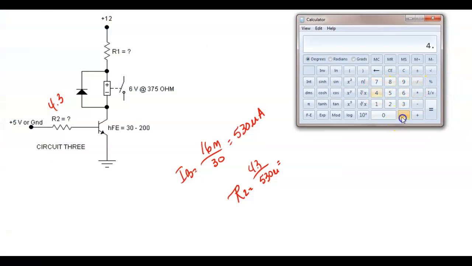So 4.3 divided by 530 times 10 to the negative 6 equals 8.1 kilo ohms.